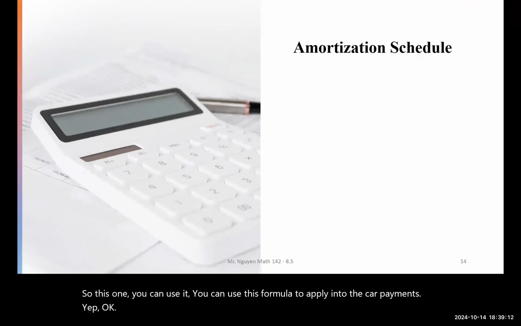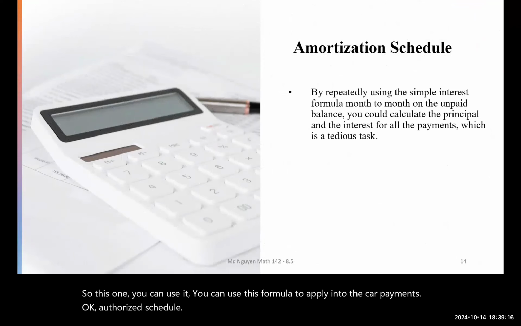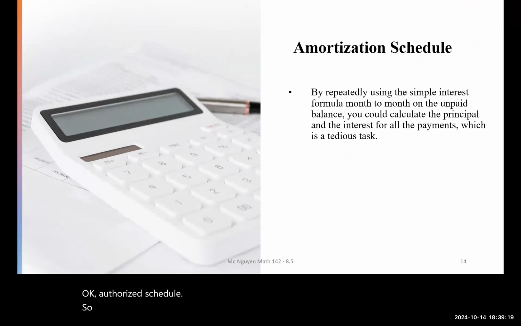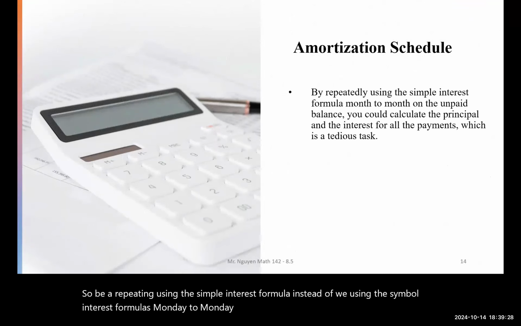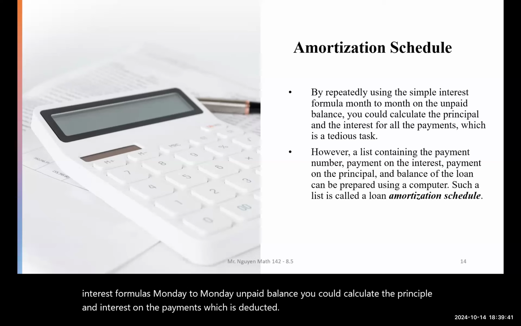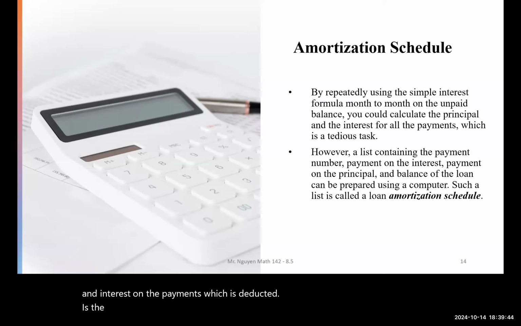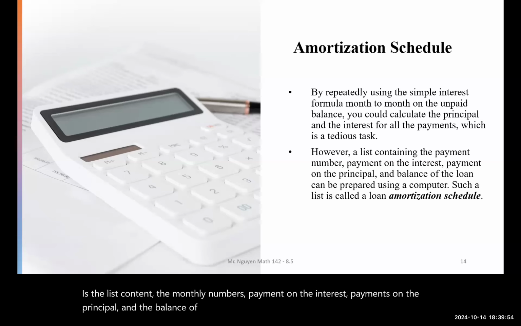Okay, amortization schedule. Instead of using the simple interest formula month to month on the unpaid balance, you could calculate the principal and the interest payments. However, a list containing the monthly payment, the interest payments, the principal payments, and the balance of the loan can be prepared using a computer.